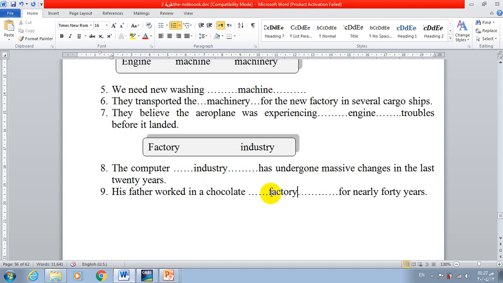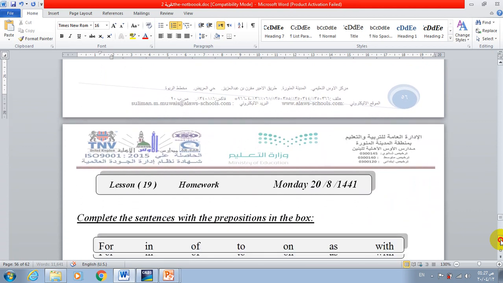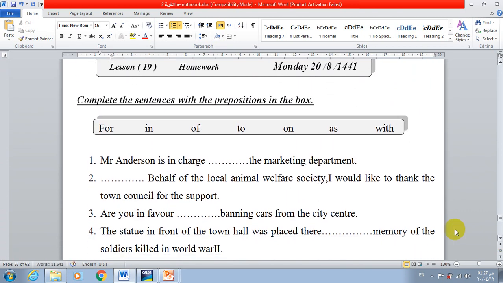Good, my dear students. Let's go to page 57. Here, I'd like you to complete the sentences with the prepositions in the box. Here in the box, there are some prepositions.